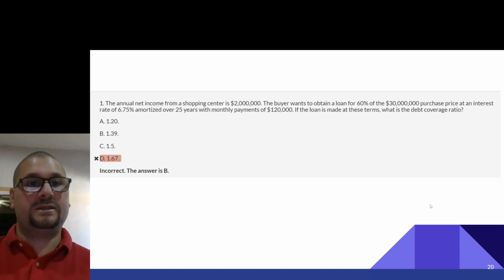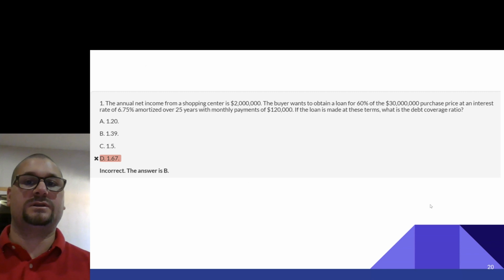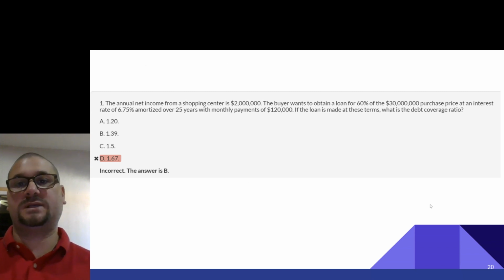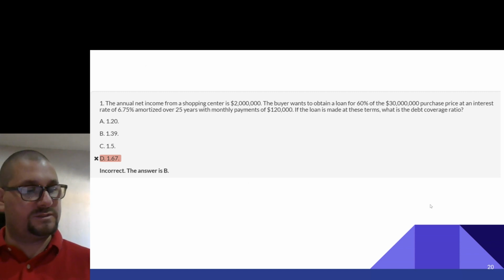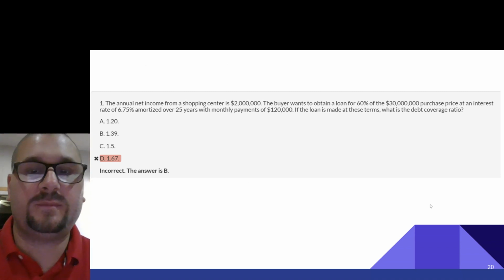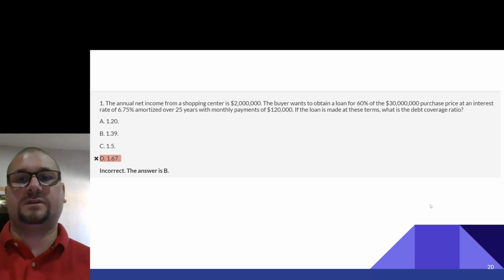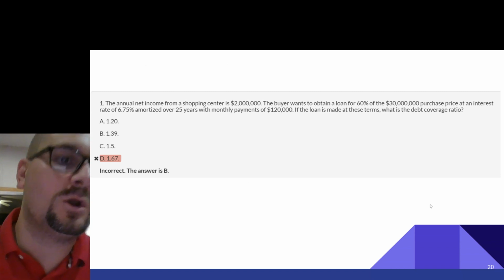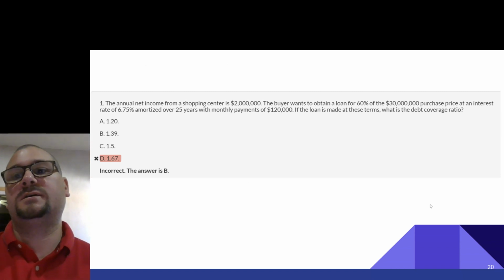The annual net income from a shopping center is 2 million. The buyer wants to obtain a loan for 60% of the 30 million purchase price at an interest rate of 6.75%, amortized over 25 years with monthly payments of 120,000. If the loan is made at these terms, what is the debt coverage ratio? So again, what's the debt coverage ratio formula?